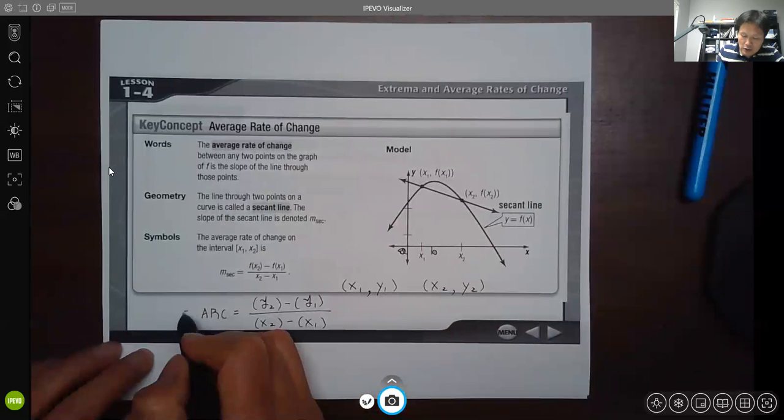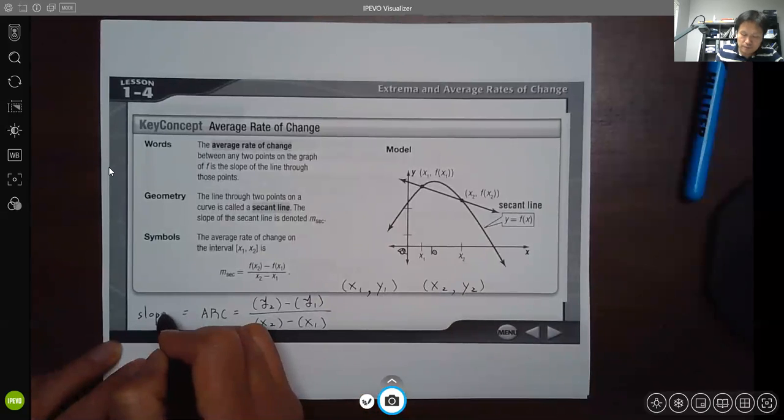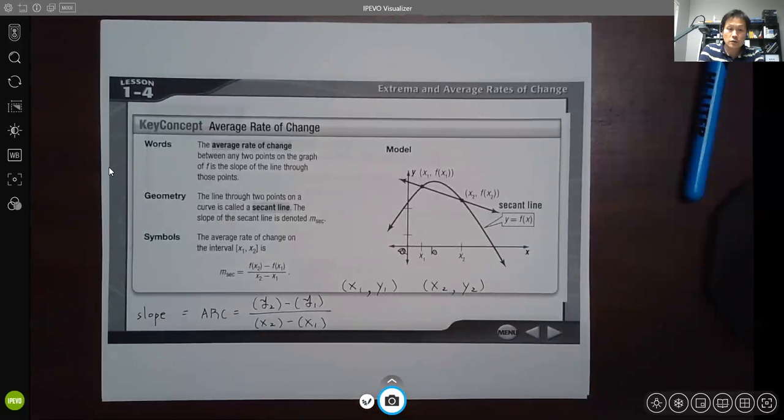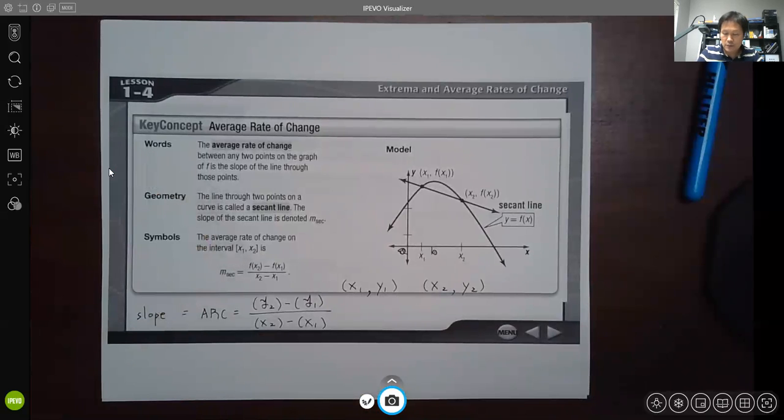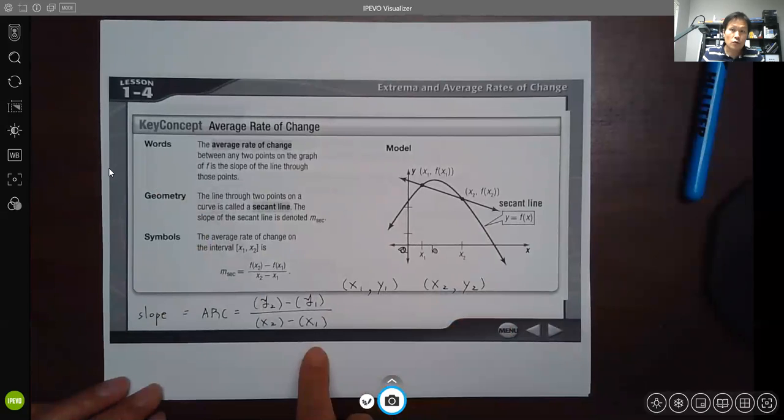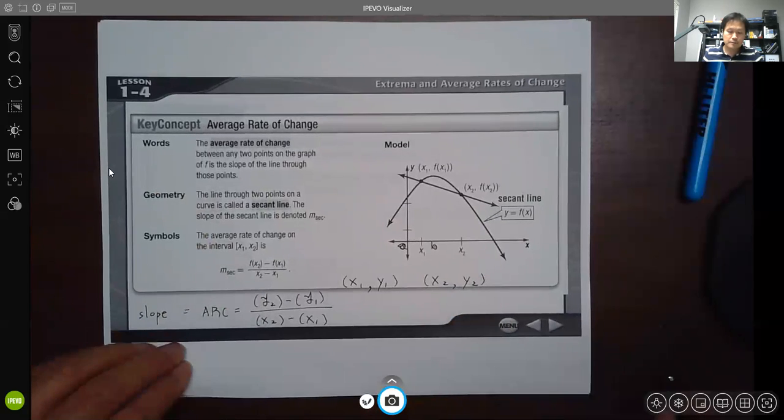It's exactly the same as the slope formula for a linear function. Slope and average rate of change are exactly the same. Given 2 points, this is the formula. You need to memorize it.